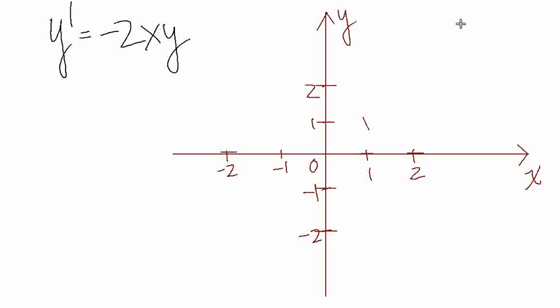Okay. For 1 comma minus 1, we're going to have positive 2. And for 1 comma 2, we're going to have minus 4.